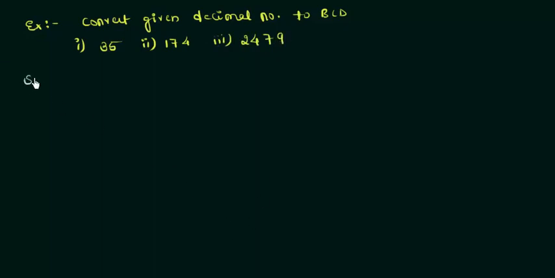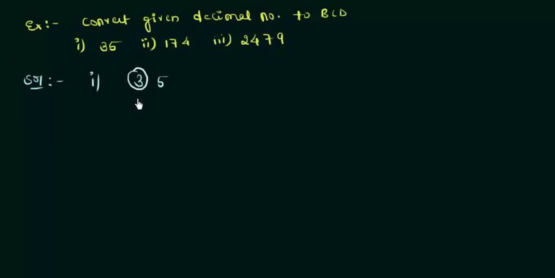So let's see how it is done. 35. By using binary numbers you can definitely represent 35, but if you want to represent it in BCD, you have to do something different than usual.